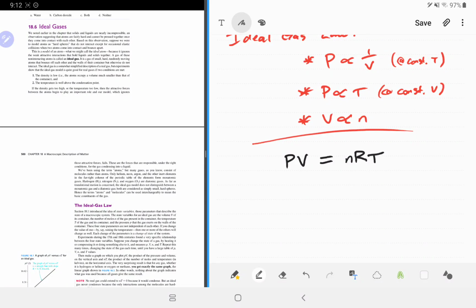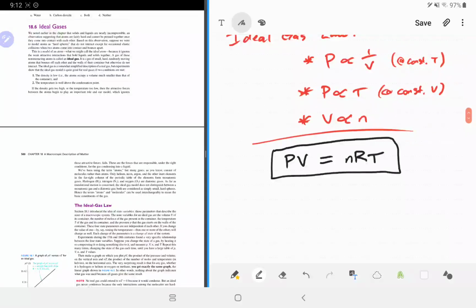We normally put the constant right in the middle there: PV = nRT. If there was one formula in all of the section on thermodynamics that you should learn, it's this one. We'll be using it a lot.